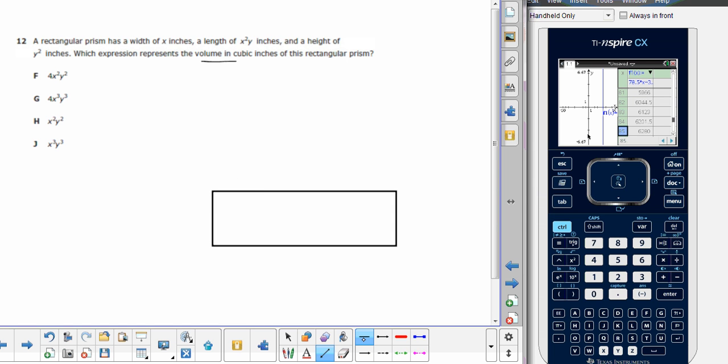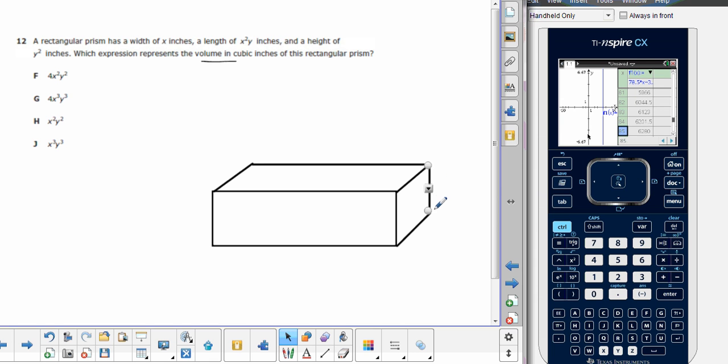It's a 3D shape. And something we should know, the volume of a rectangular prism is length times width times height. So let me make a nice one, so our 3D representation will be nice.